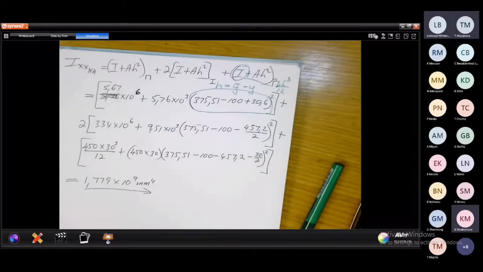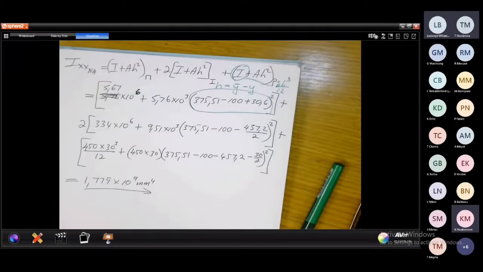People, check for me this answer. 1.778 times 10 exponent 9. Okay, that is the same as what's standing there. Right, everyone happy on this answer?